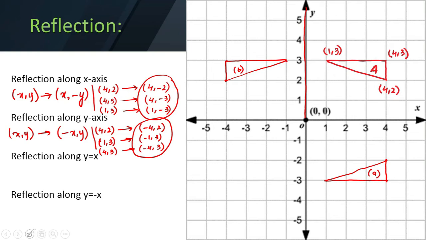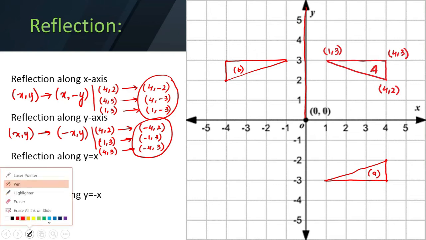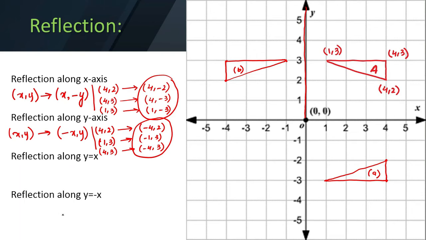Now the third condition is reflection along y = x. When we have reflection along y = x, remember in this case x and y will interchange. Like if we have coordinates (4, 2), then it will be interchanged as (2, 4). If we have (4, 3), then it will be interchanged as (3, 4).